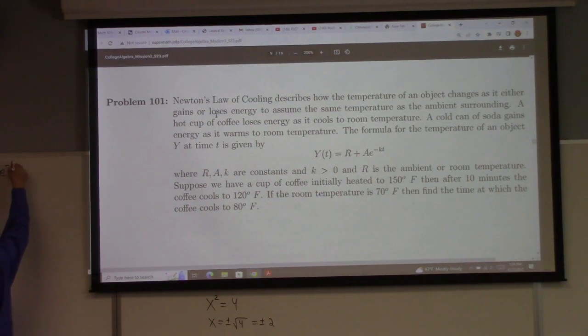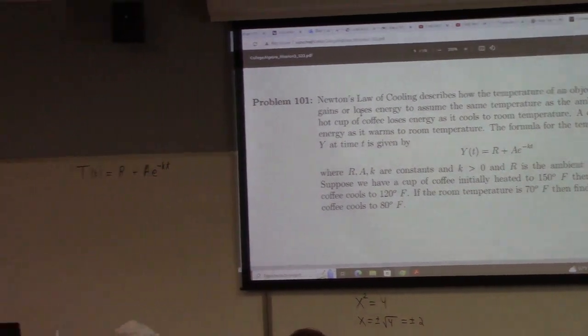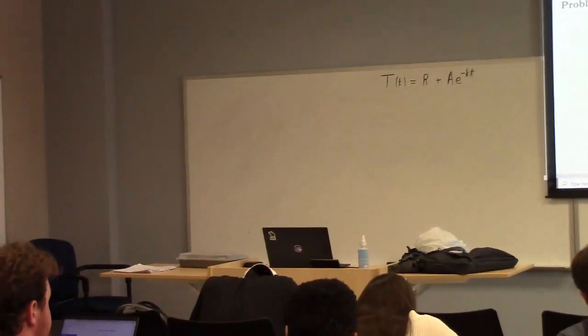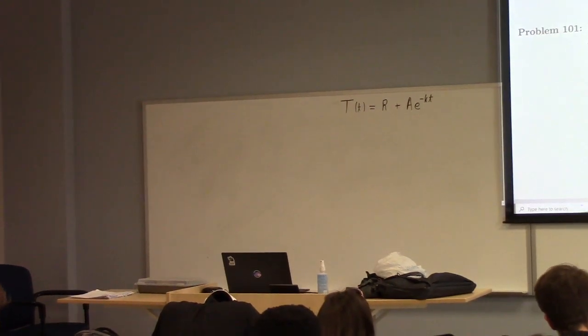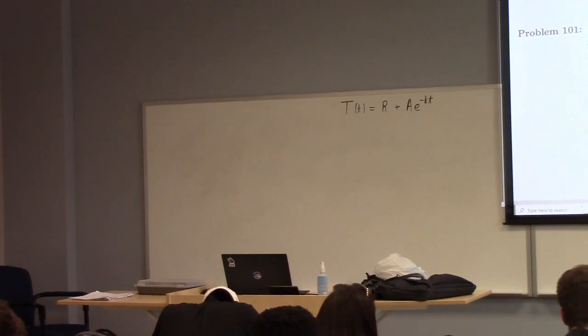I mean, if it's not too annoying, we could just make it a big T for temperature, right? But then understand big T and little t are different. If we're good on that, then we can use that notation, if that's okay with you guys.